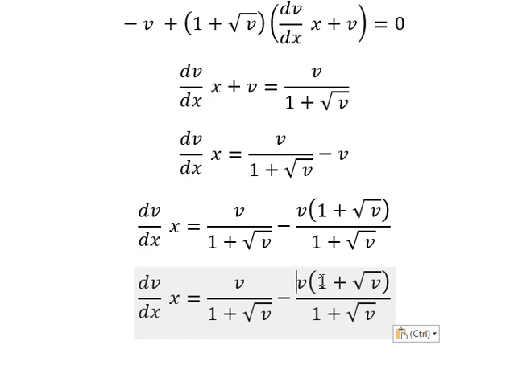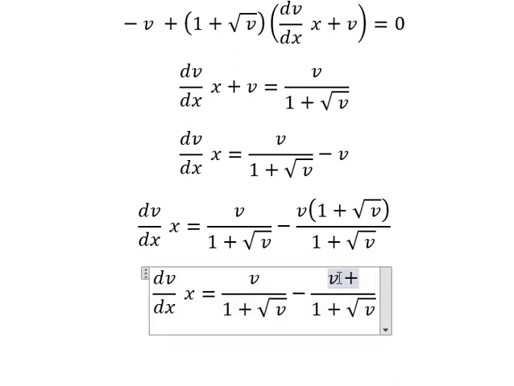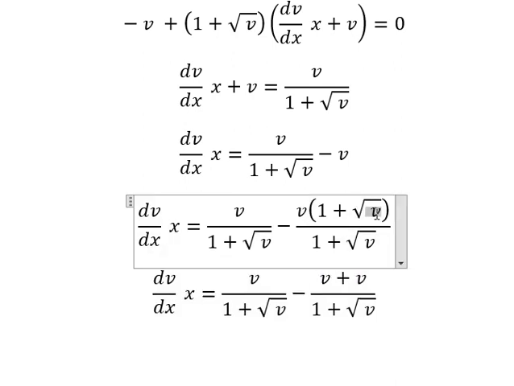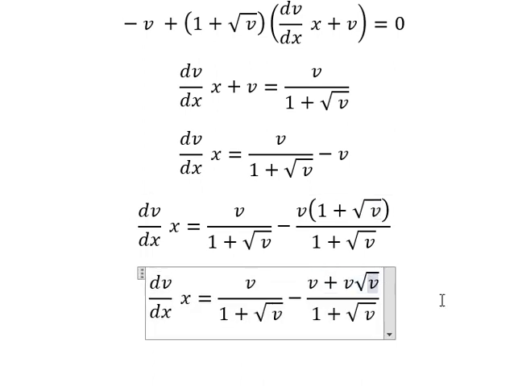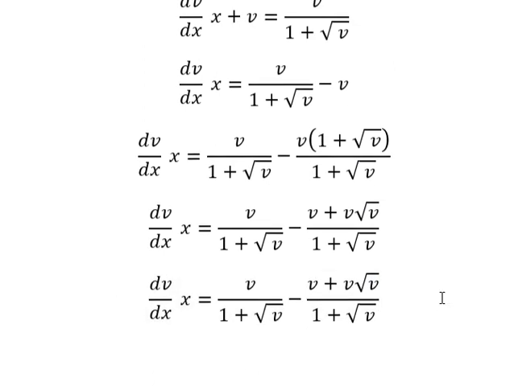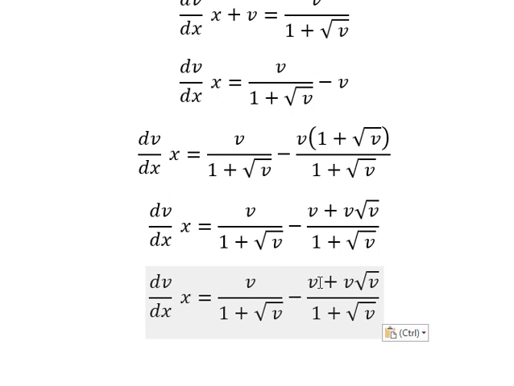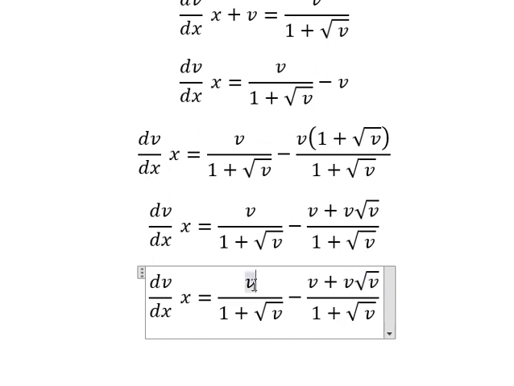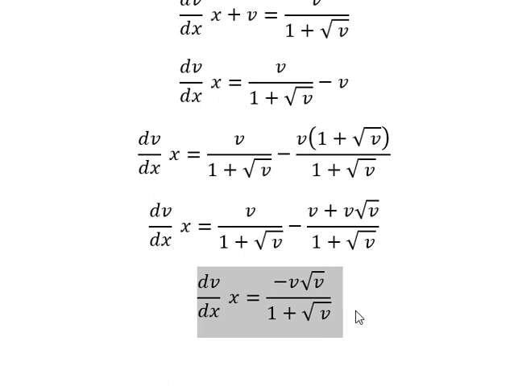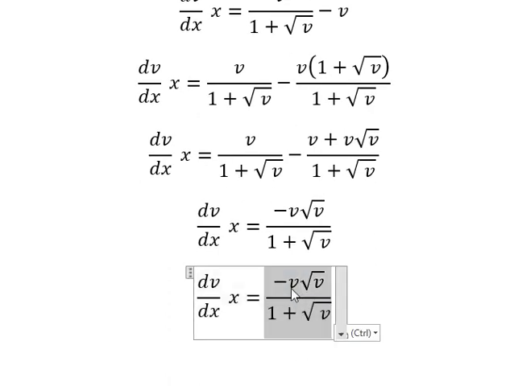So this one, we have v plus v with the square root of v. Next, v minus v we cancel, and now we have a negative with this one. Next, I will put this one to the left, and the s and s go to the right.